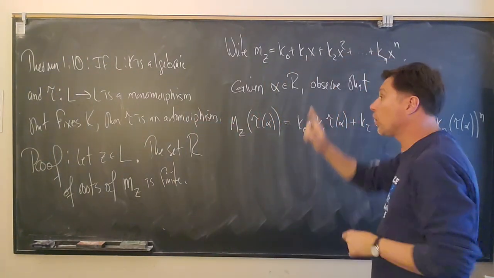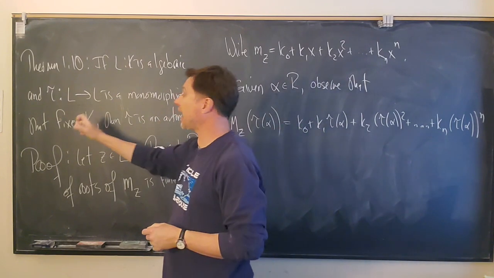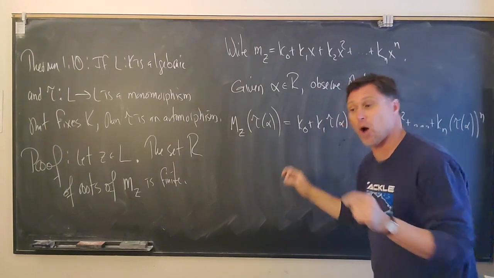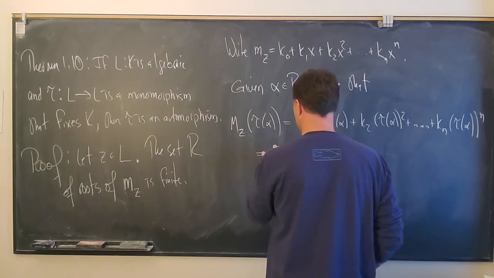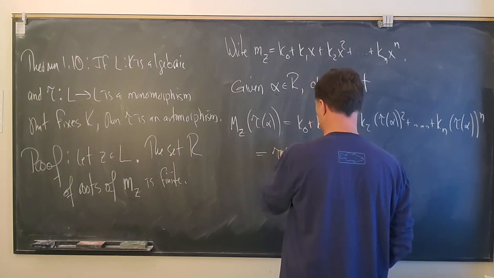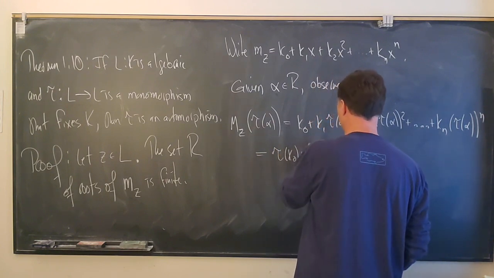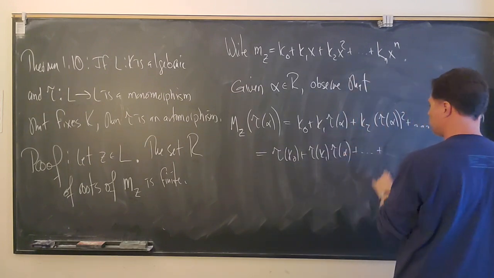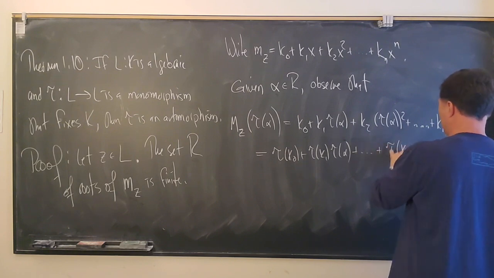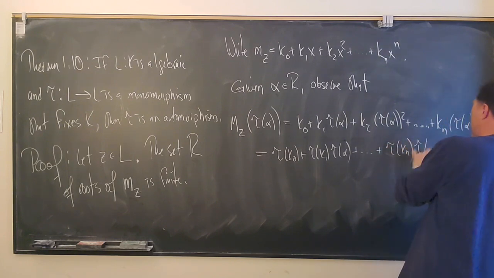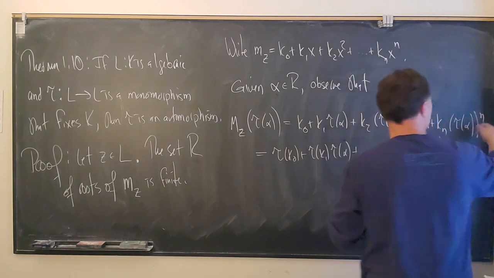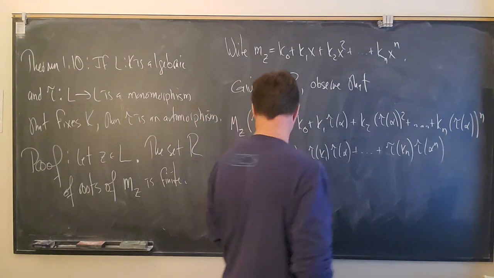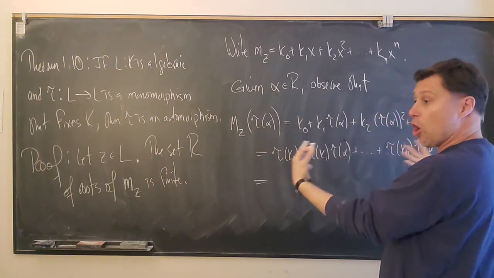Fine. Oh, but what do we know? We know that tau fixes K. So each of these k sub i's here could be rewritten as tau of k sub i. So this is equal to tau of k0 plus tau k1 times tau of alpha, and then you keep going, eventually you get to tau of kn times tau of alpha to the n. I'm just using the fact that it's a homomorphism, I can bring that n inside. Then I want to use the fact that it's a homomorphism and join it all into a single piece.